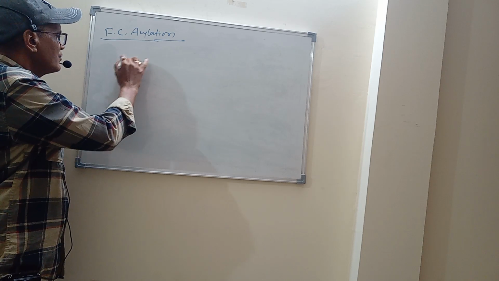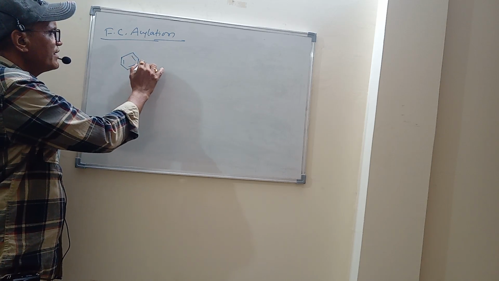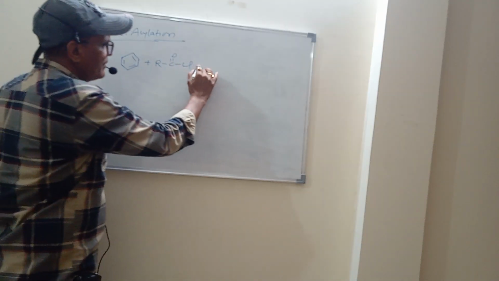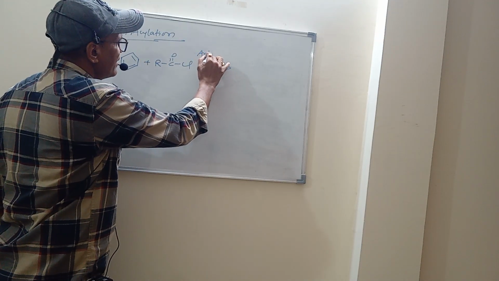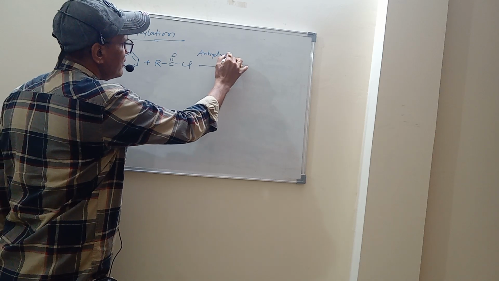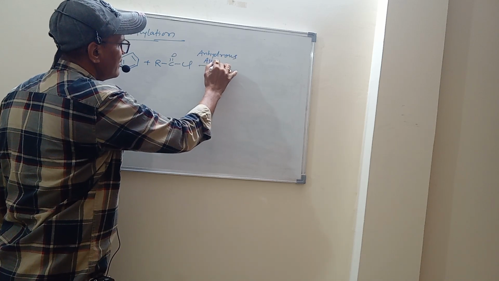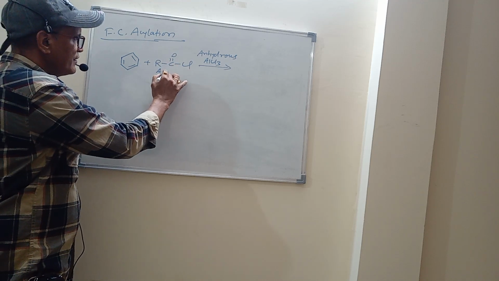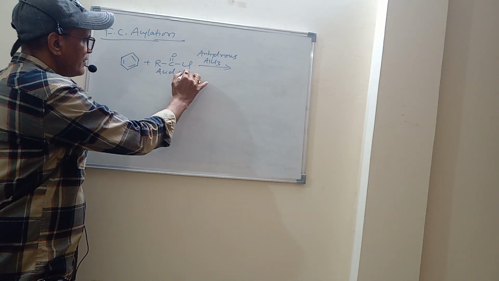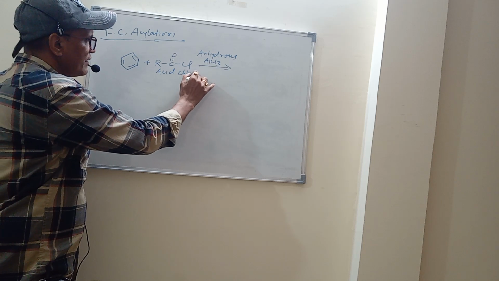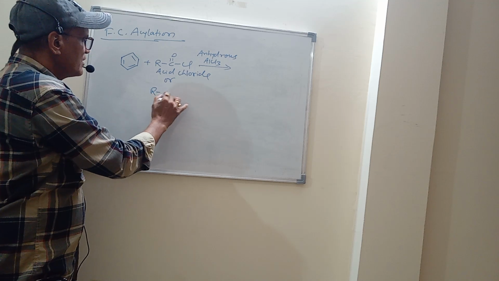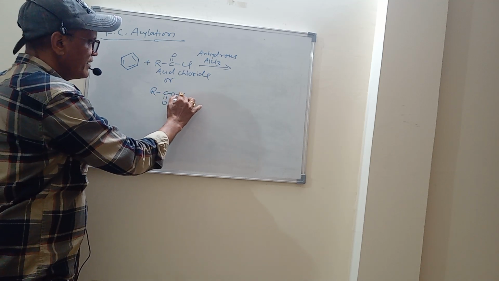So here we can consider a benzene ring and an acid chloride, for example, with anhydrous AlCl3. So acid chloride is used here, or we can also consider acid anhydride.